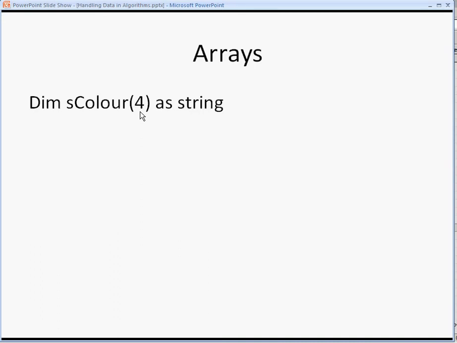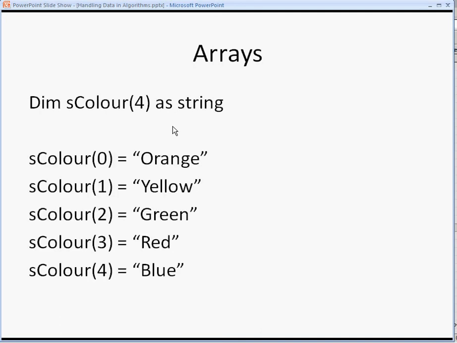And you're thinking, why 5? Well, most programming languages will start off at 0. So at 0, 1, 2, 3, and then 4, I will have 5 different slots. For some programming languages, that would mean there's only 4 slots. But if we look at the example there, that gives me 5 slots to store 5 different colours.